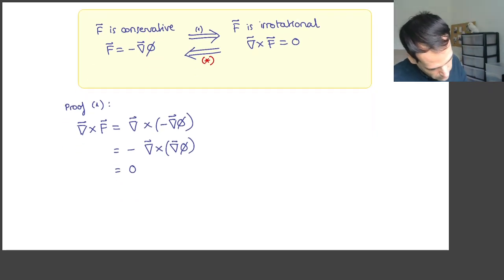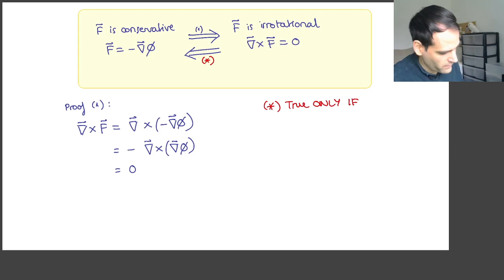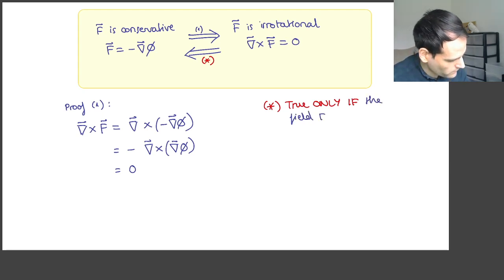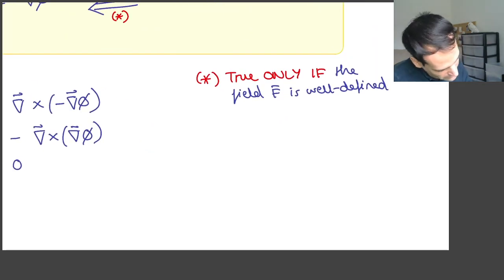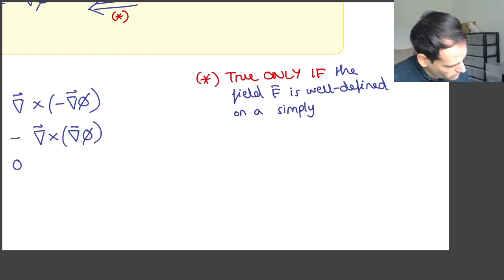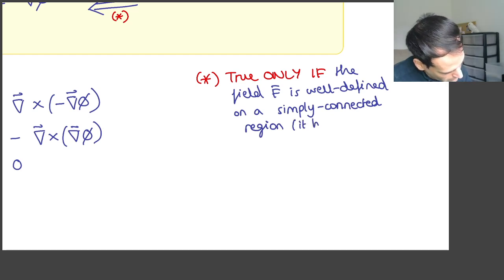So this is true only if the field F is well defined on a closed region of space, or mathematically speaking, on a simply connected region, which means that it has no holes in normal language.